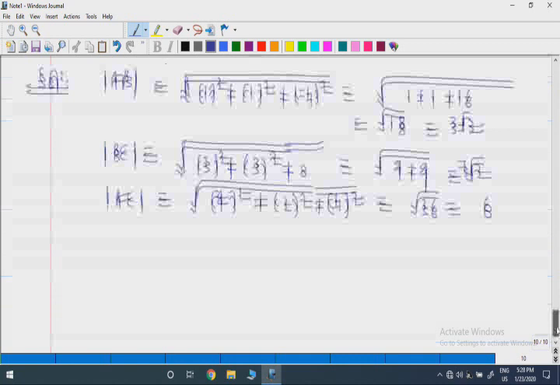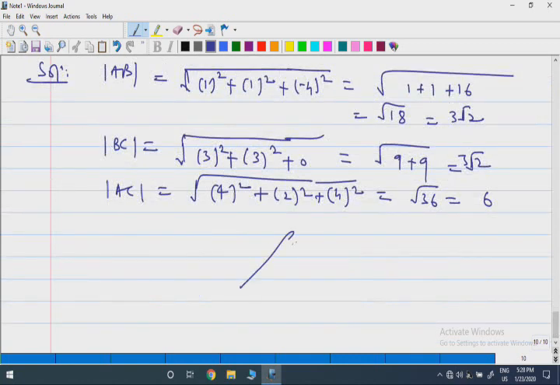So yes, clearly it is an isosceles triangle like this. This is 6, 3 root 2 and 3 root 2, equal sides. All right.